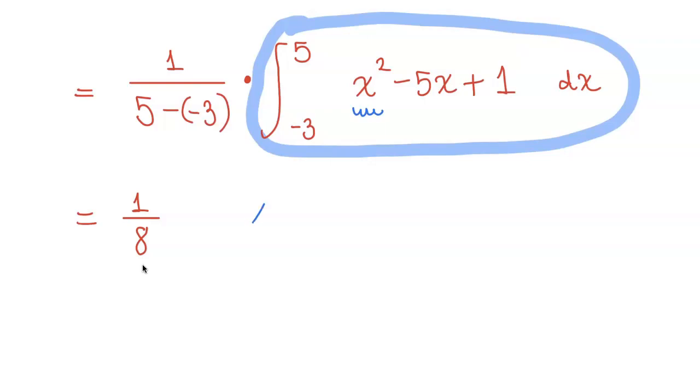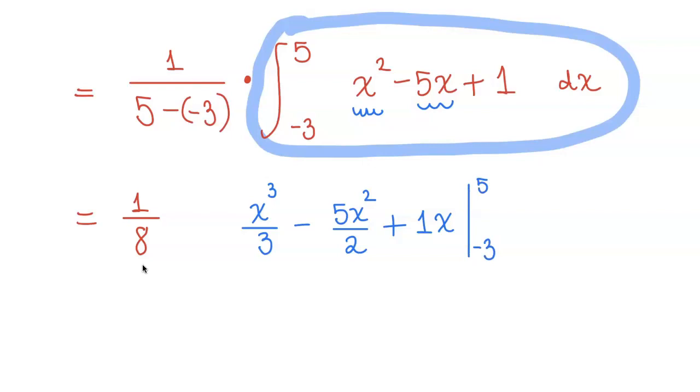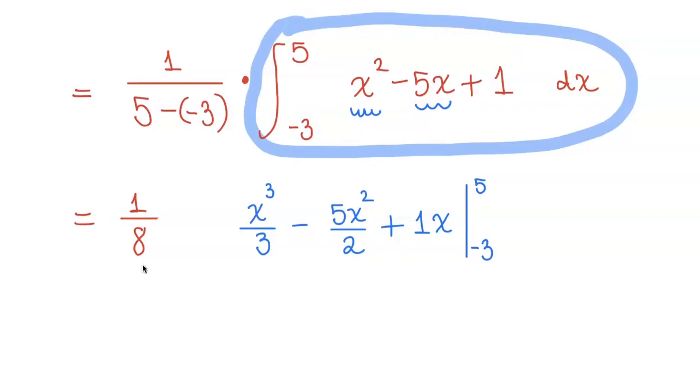I'm going to have x to the third power divided by 3, minus 5x squared divided by 2, plus 1x. And I'm going to plug in my bounds from -3 to 5. When I figure out what that blue gives me, I'm just going to multiply by 1 over 8 after I'm done.